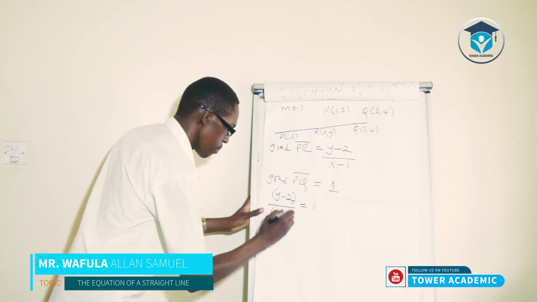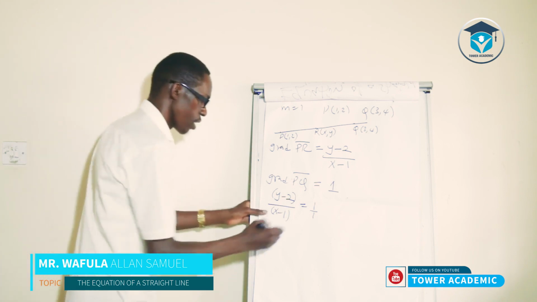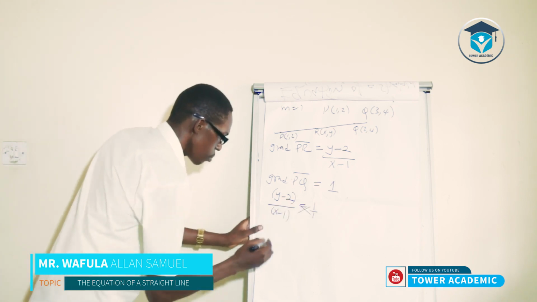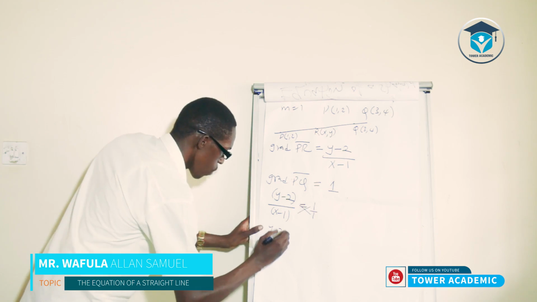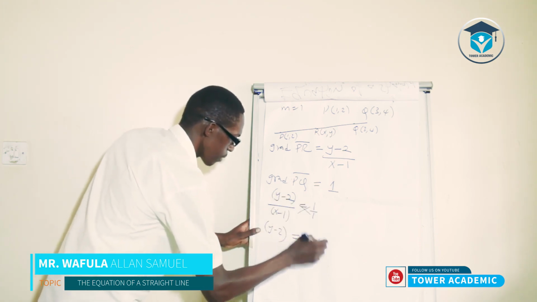Then I put everything in brackets, give this a fraction, then I cross multiply. If I cross multiply, this y minus 2 will multiply by 1, giving you x minus 1 multiplied by this one.